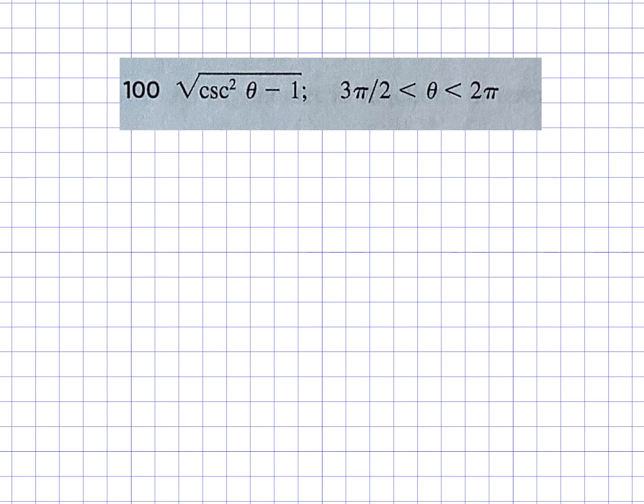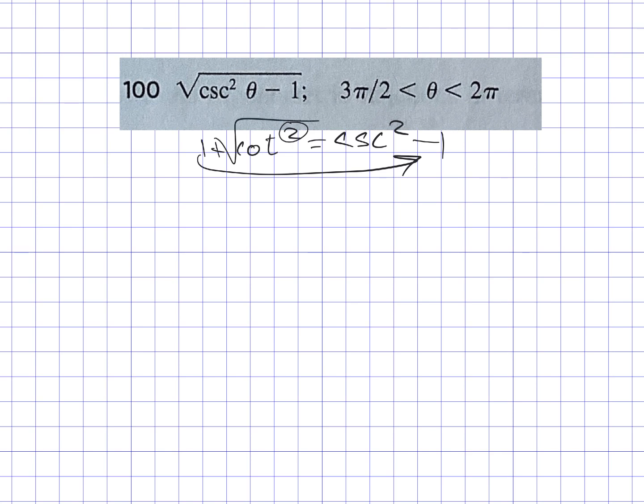Okay, and now cosecant squared minus 1. I made a mistake back on 98. I think it was 98. That should have been cosecant, not secant. All right, so let's do this one. Cosecant squared of theta minus 1 is going to be, from 1 plus cotangent squared equals cosecant squared, the cotangent squared.